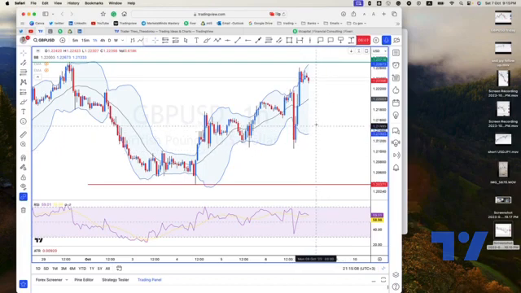Now, where is the room of opportunity in this currency pair? We understand that there is a strong resistance here. If there is a strong resistance here, it means the first target has to be until the R1.